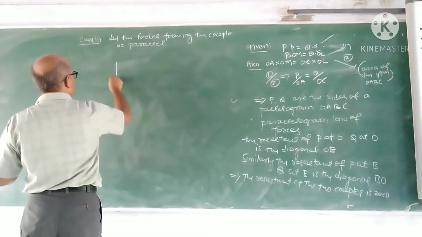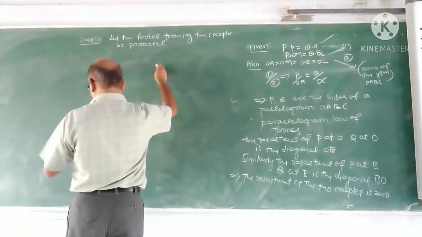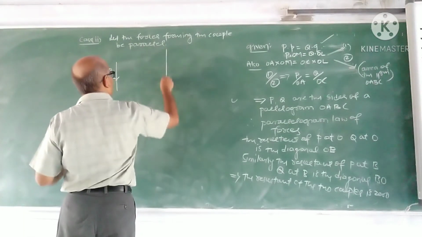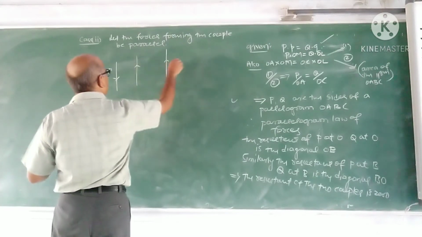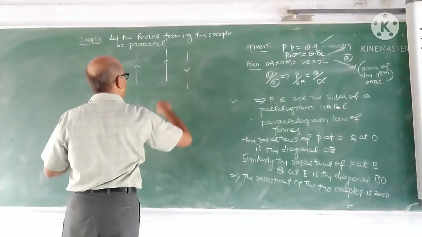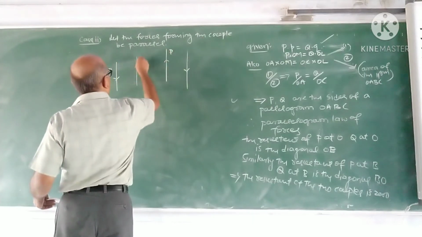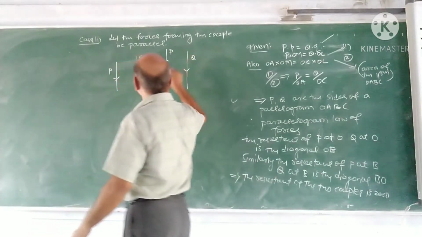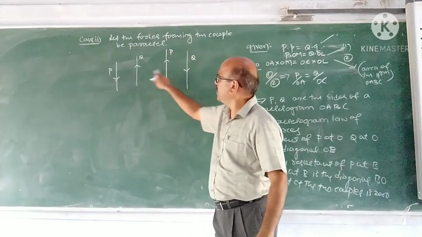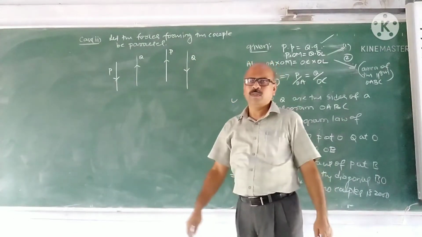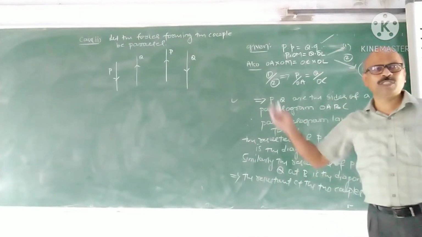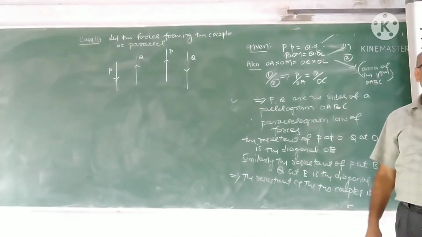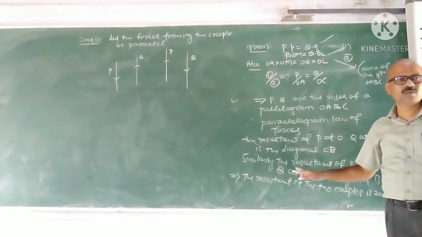Take the forces like this: P and Q, PP, QQ. One couple is PP, another is QQ. Equal but acting in the opposite sense. All of you completed this one.